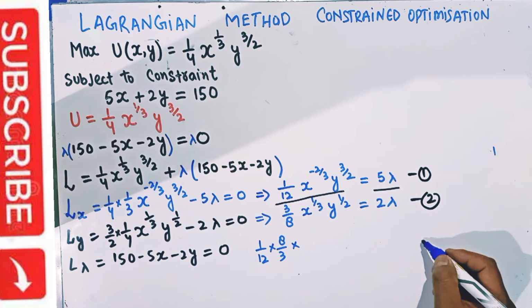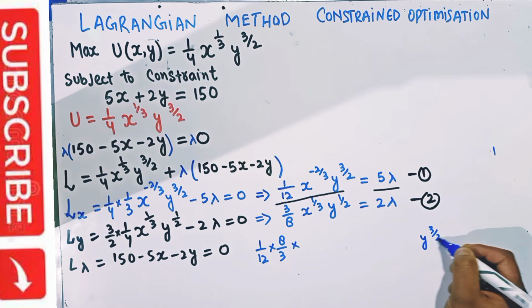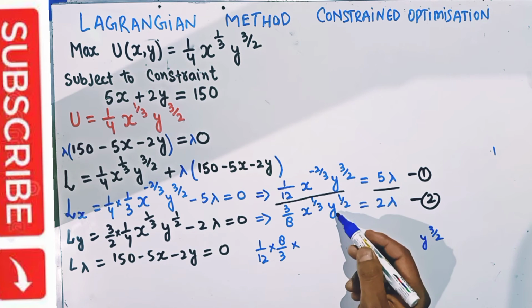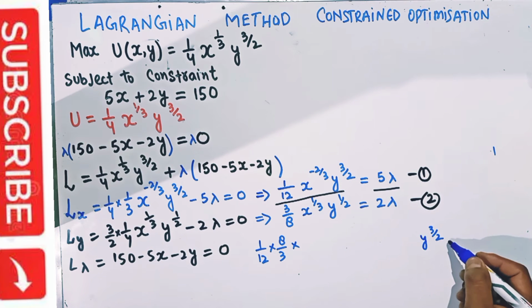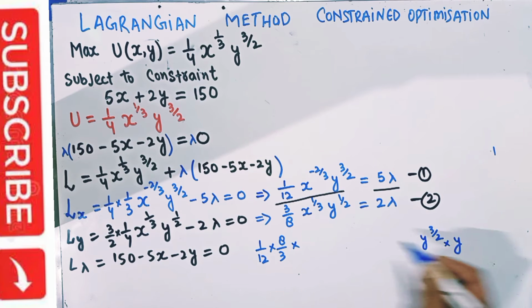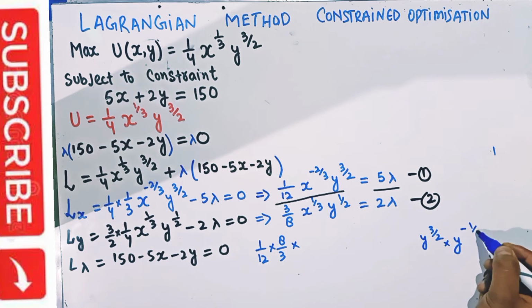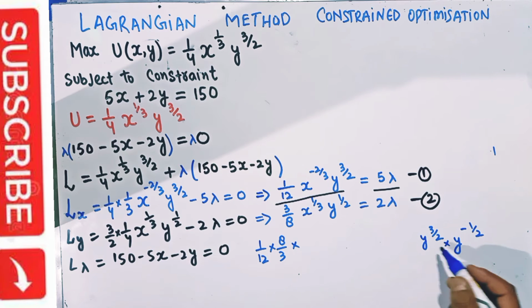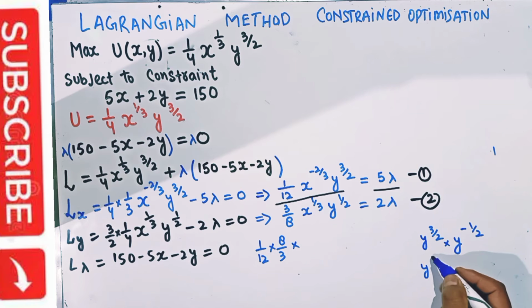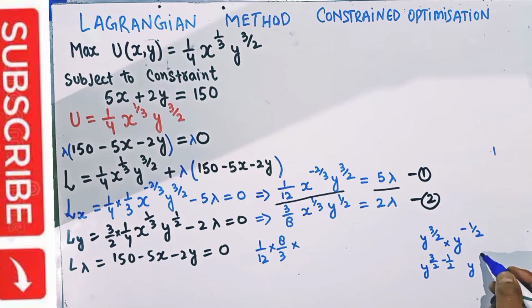We have y raised power 3 upon 2 in the numerator. If I transpose this, it will get multiplied, but its exponent will change. So it is plus 1 upon 2, it will become minus 1 upon 2. So bases are same, we can add up the exponent. So we have y raised power 3 upon 2 minus 1 upon 2, which becomes y raised power 2 upon 2, which gives us y.